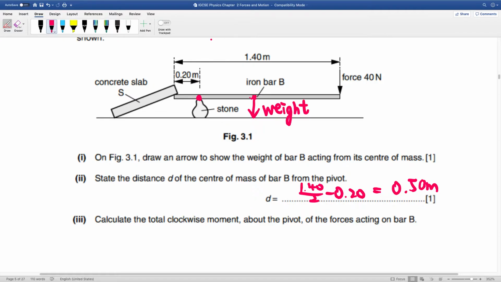Now. Here is a pivot, okay? You treat me as a stone. He said it's a pivot. So the weight of the bar will cause the bar to rotate clockwise. So let me release my hand. So clockwise, okay? See. So thank you for the feedback.